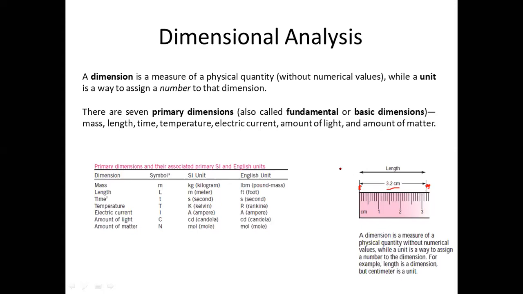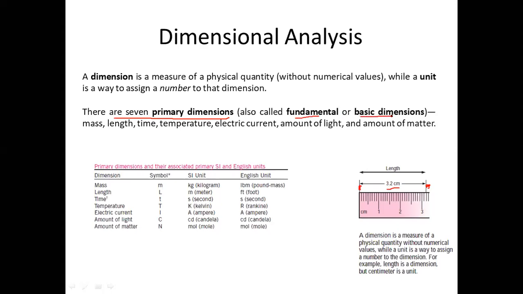Having these points in mind, I want to tell you that there are 7 primary dimensions. This is again a very important question, and it can be asked in your objective questions also. There are 7 primary dimensions, which are also called fundamental or basic dimensions.